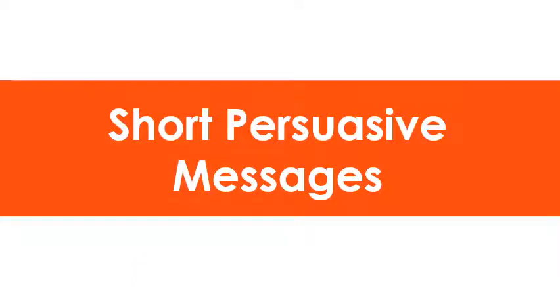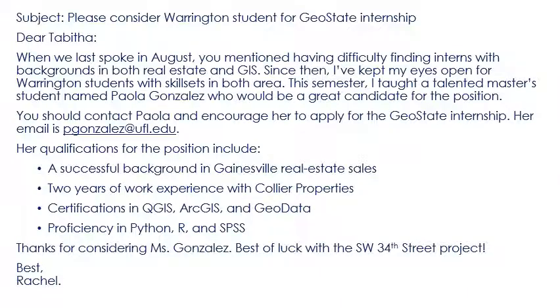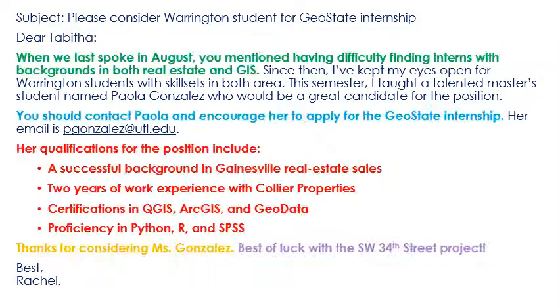Now let's move on to some examples of persuasive messages. And let's start with an example of a short persuasive message. Take a look, for instance, at this short persuasive email. Because this is a short persuasive message, it really only contains those essential elements that we talked about earlier in the audio lecture. It begins with a statement that quickly identifies the reader's problem or need.